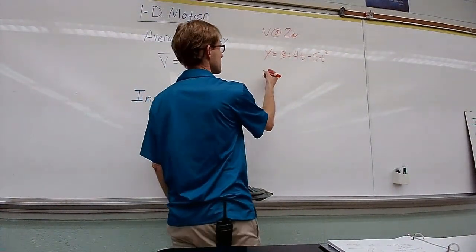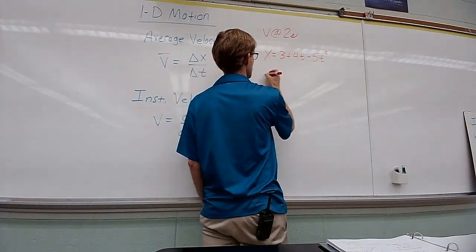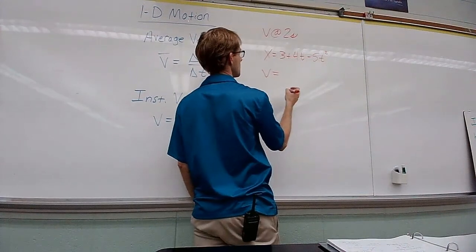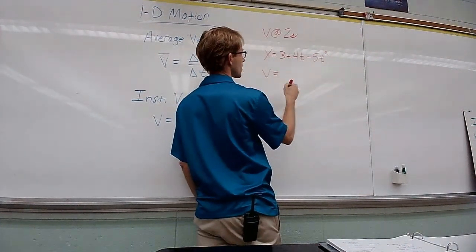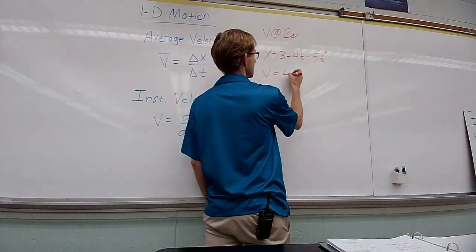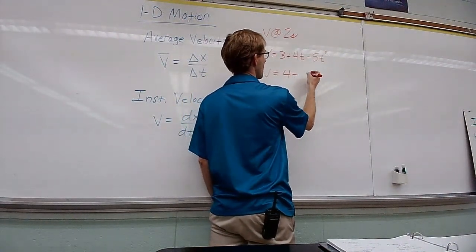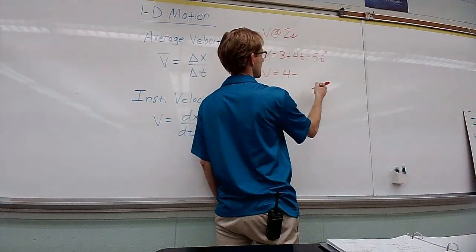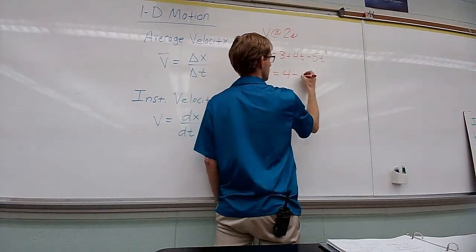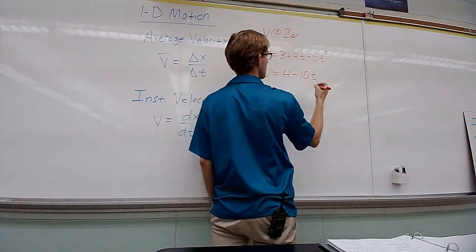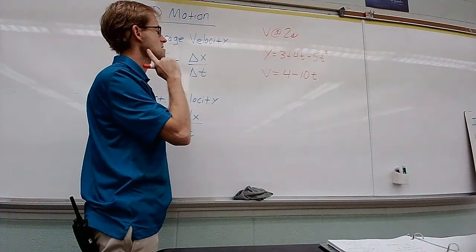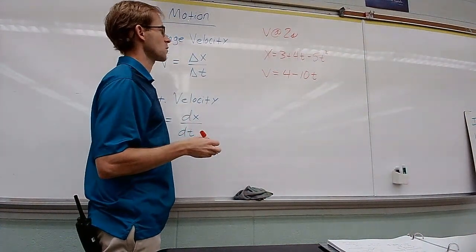Now we have to take the derivative. The 3 is going to go away, and the exponent 2 comes out in front, so that'll be 10t. Then you plug the 2 in. So that's 4 minus 20.